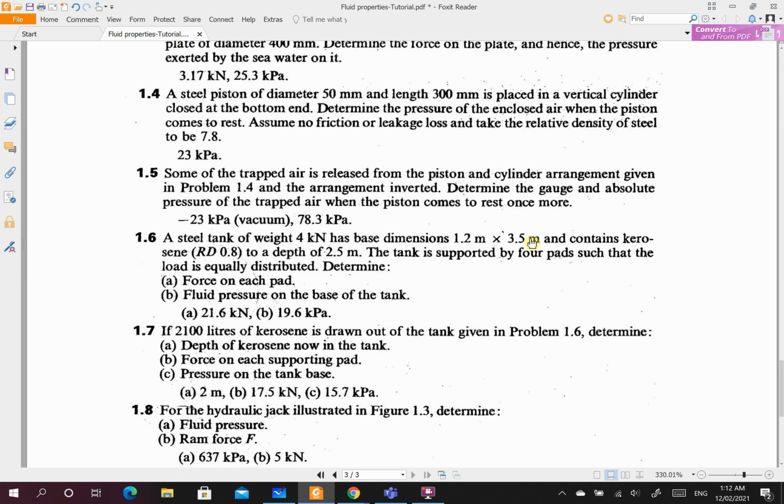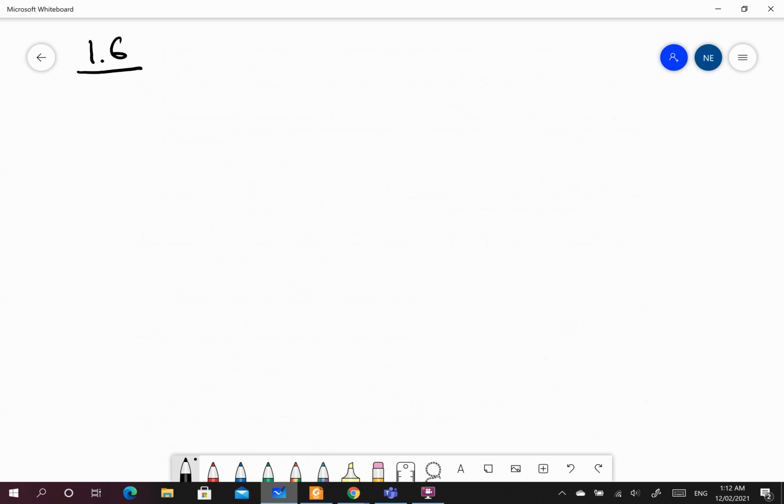We get the dimensions of the base. We've got a different type of material in here. We've got kerosene, so it's got a relative density of 0.8. We've got the depth of it, so I can work out the volume using these three numbers. The tank is supported by 4 pads, and the load is equally distributed. Determine the force on each pad and the fluid pressure on the base of the tank.